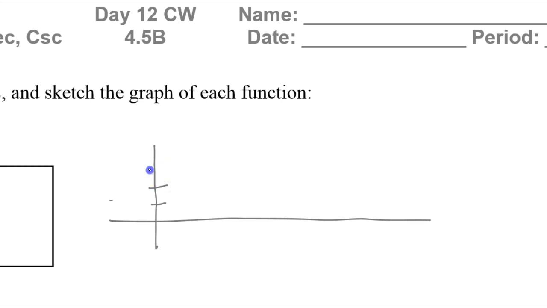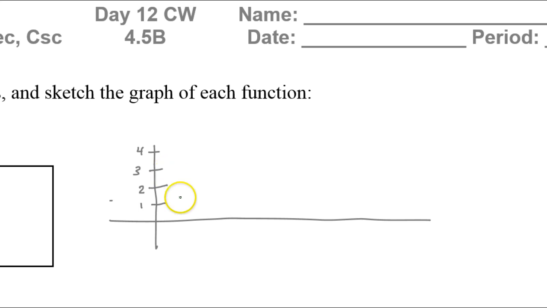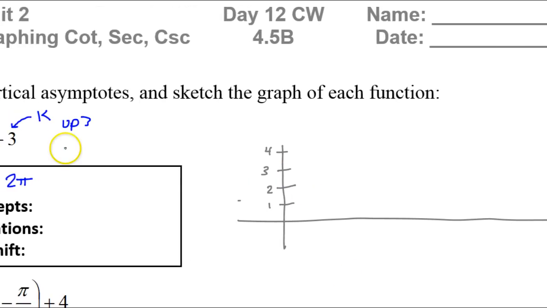So 1, 2, 3, 4. The midline is going to be at 3 now. Because it's up 3, the midline is going to be at 3. So you should have a dotted line up at 3 for the midline.